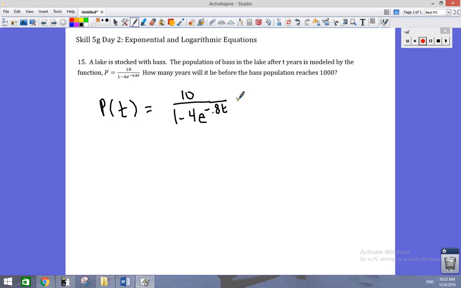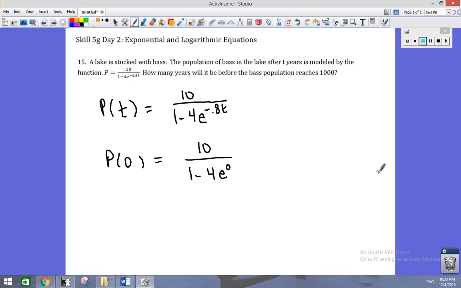Typically in these models, t equals 0 is your initial value. So let's see, does it make any sense? I don't think it does in this case. 1 minus 4 e to the 0, that's a negative number.